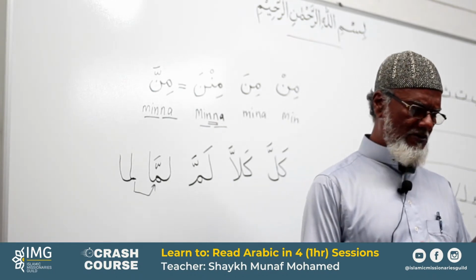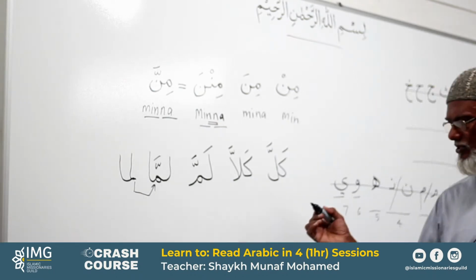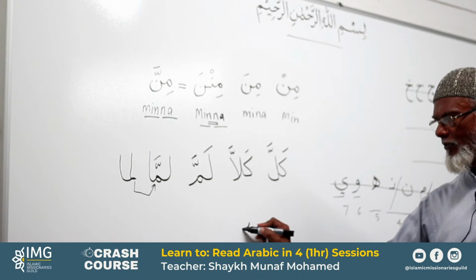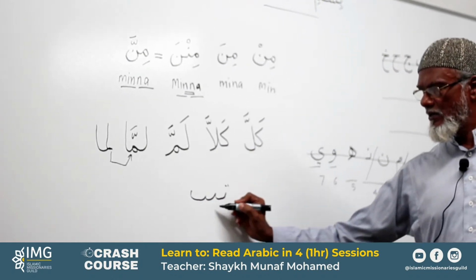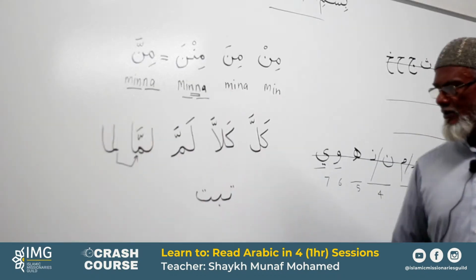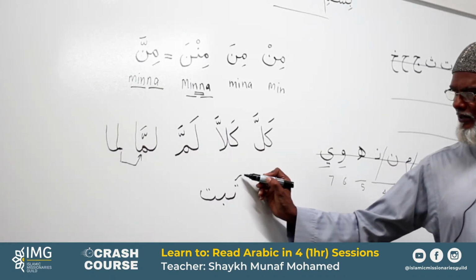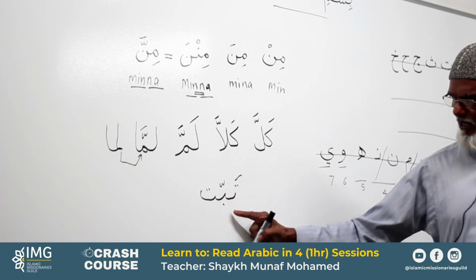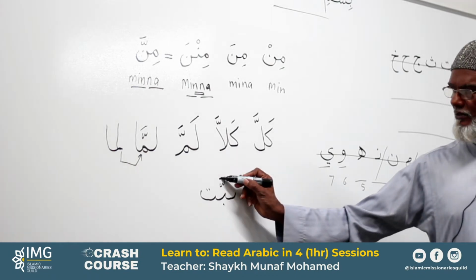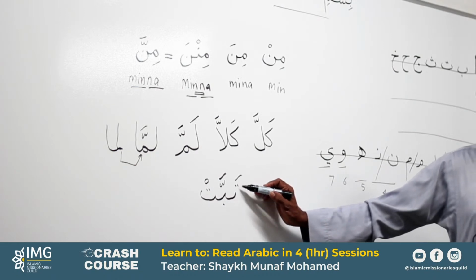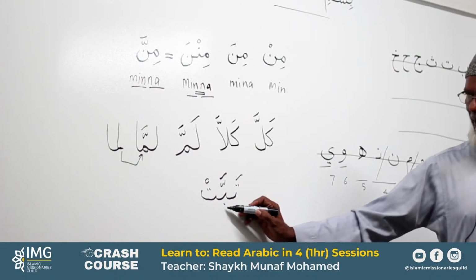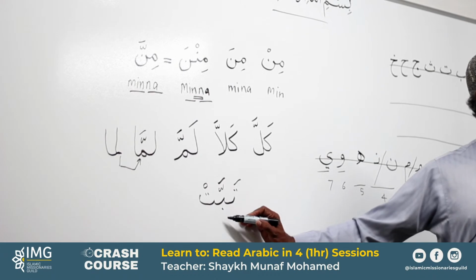All right, so you have some examples there, and you have this one from a surah that you all have memorized. The ba is double. All right. So we have to join the ta to the ba, so it becomes what? Tab.